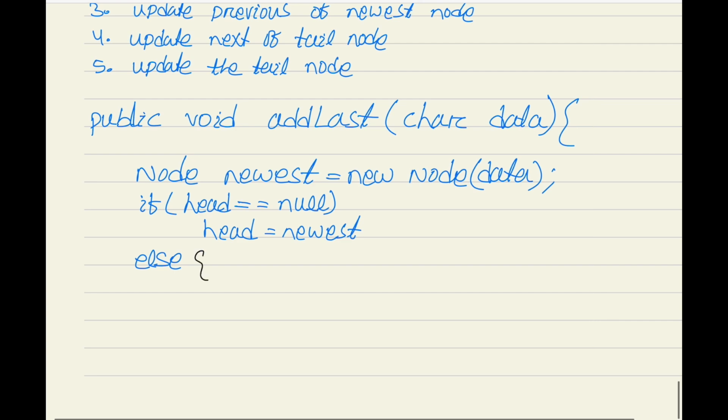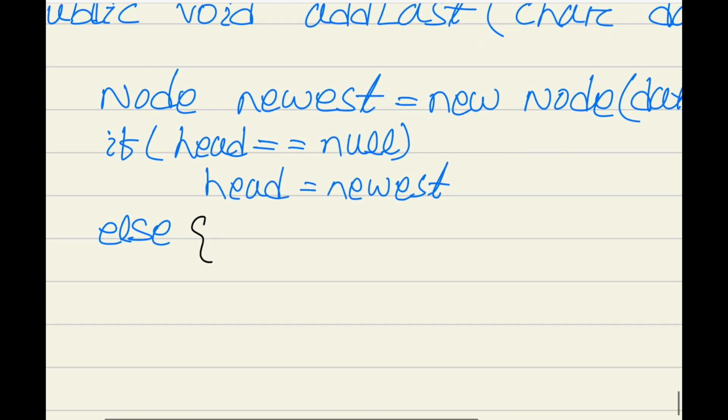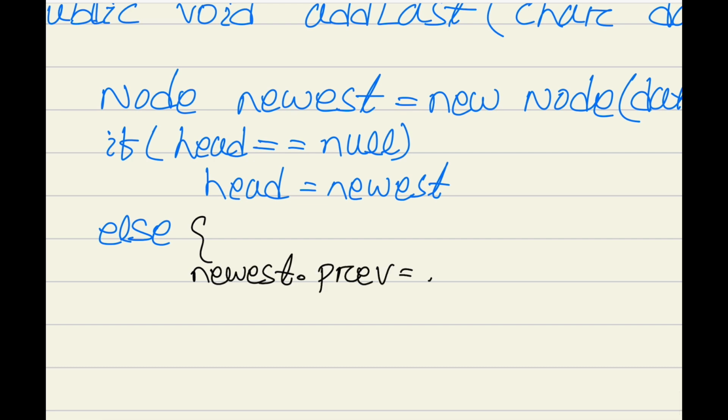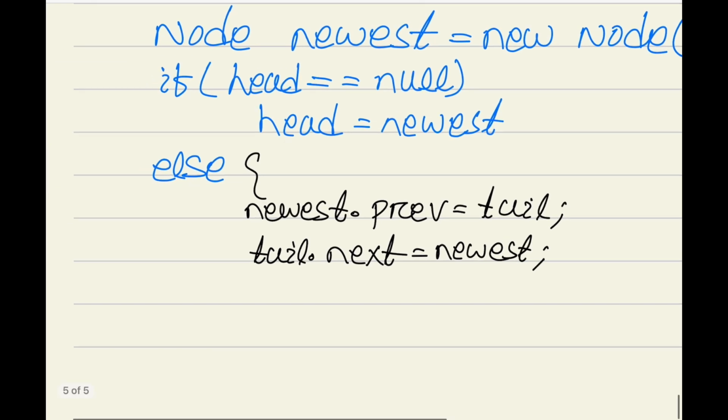So in the else part we can write else newest dot previous equal to tail, and then the next of the tail node we have to update, tail dot next equal to newest. So this is the end of else part, then the end of the method.